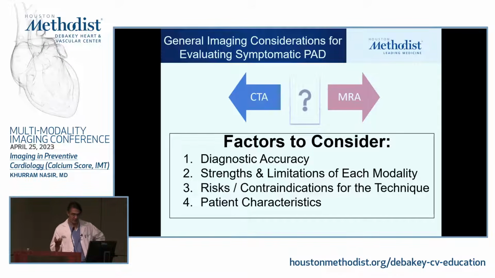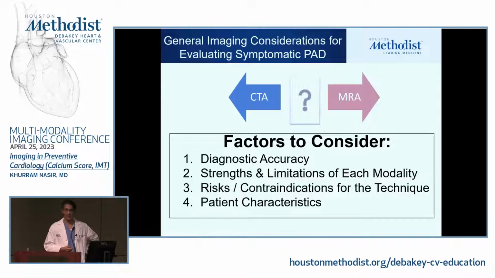So I think things that you should consider when choosing between CT and MR are, what is the diagnostic accuracy? Are these tests any good compared to the gold standard? What is the strength and limitation of each technique? And this will really come into what your patient's individual characteristics are that you have to take into account. So you want to choose the best test for your patient.